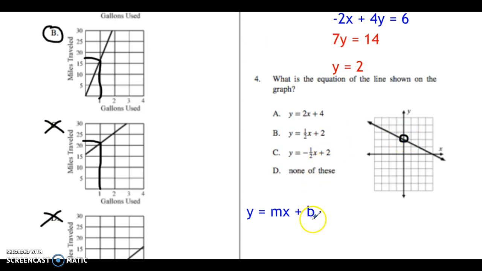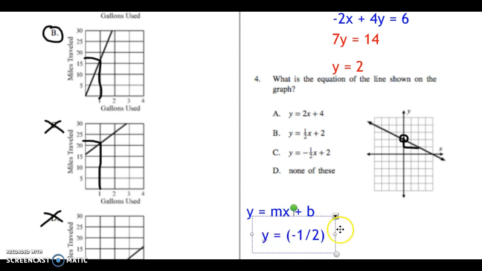And we see that our slope is going downwards. It's got to be a negative number. I'm going down 1 over 2, so our slope has to be negative 1 divided by 2. If we put all that together, it should give us y equals negative 1/2 x plus 2.